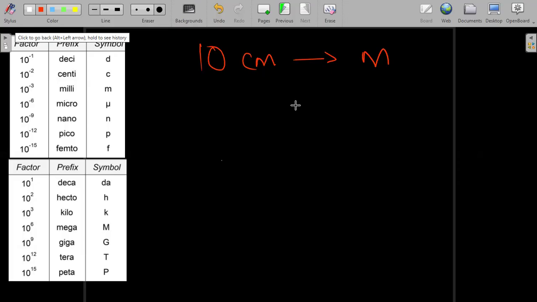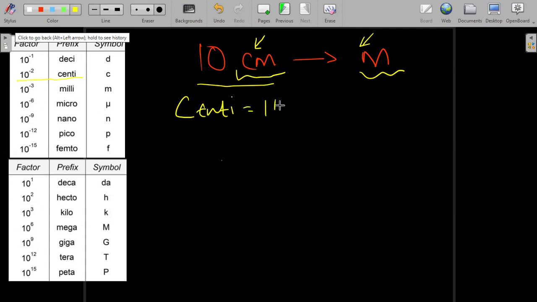When converting a unit from one unit to the other, what we need to know is the prefix that we have there and the prefix that we have here. The prefix on the first unit, 10 centimeters, is centi, and from this table we see that centi is 10 to the power minus 2.